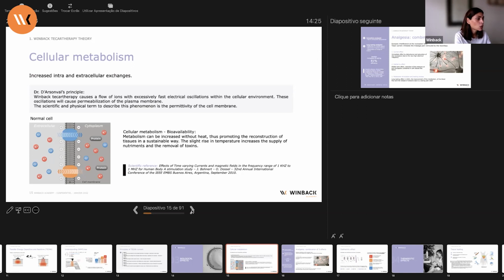What's important? The ions become so excited that they enhance the liberation of energy, and that liberation of energy comes in a thermal way. Okay, we are stimulating the ions, and the exchanges get extremely quick, and it gives the liberation of energy, and it's a thermal liberation.